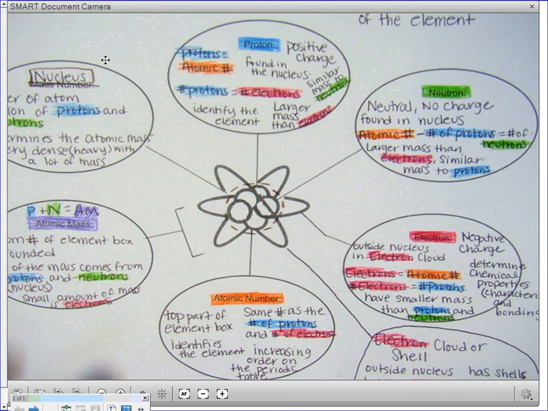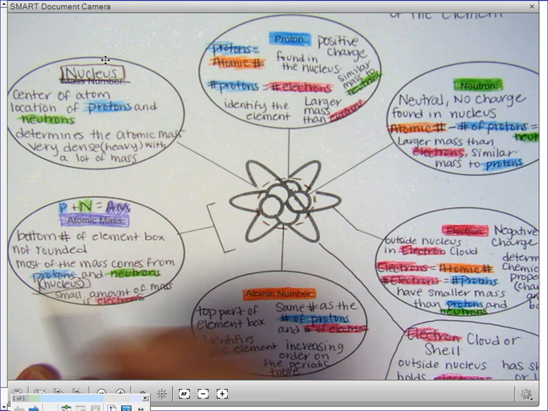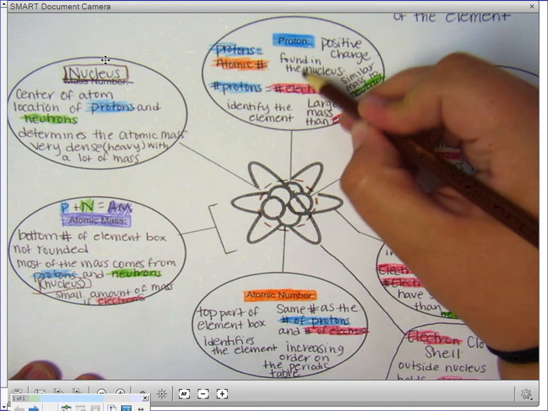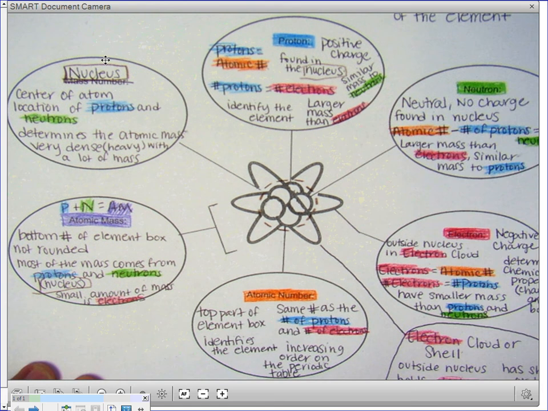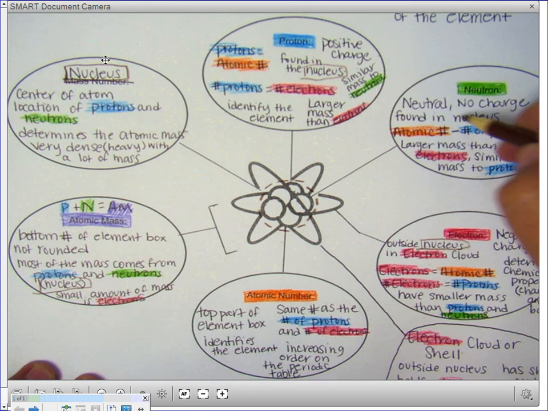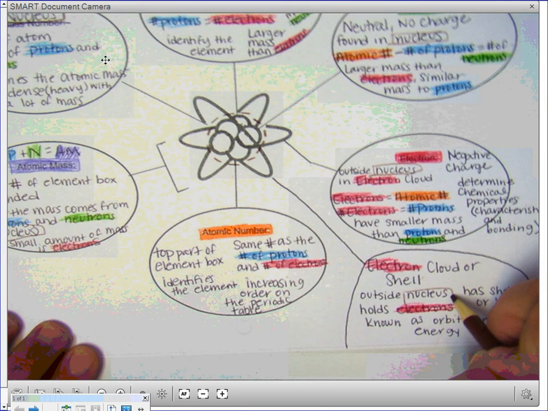So, let's see. Nucleus is going to be brown, so I'm just going to box in whenever I talk about nucleus, because if I color it in with brown, I won't be able to read it. Outside the nucleus, in the nucleus, outside the nucleus.